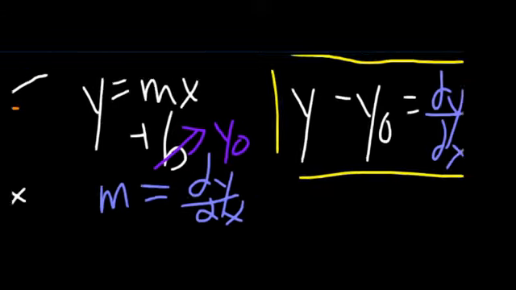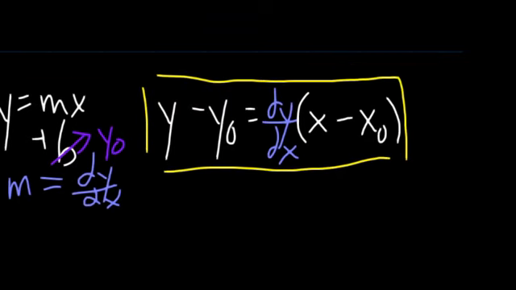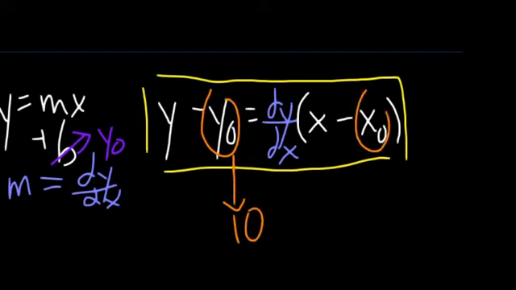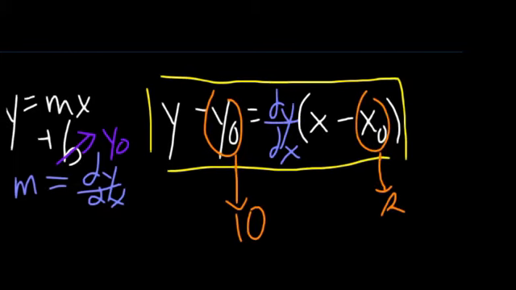So what you plug into this equation, with a neutral color, y sub 0 would be 10, and x sub 0 is going to be 2.